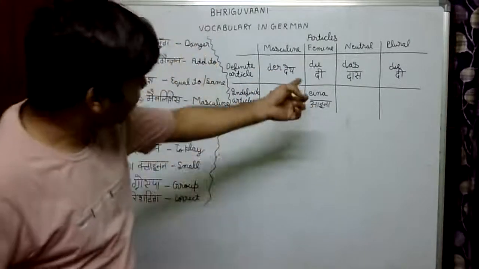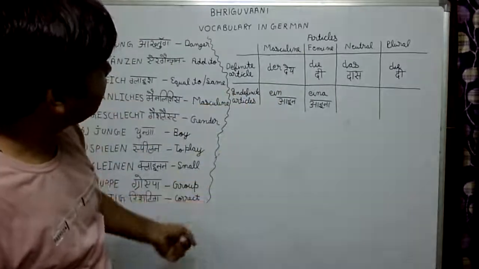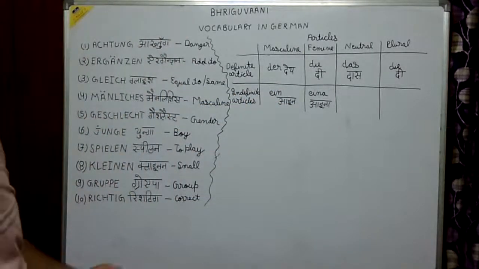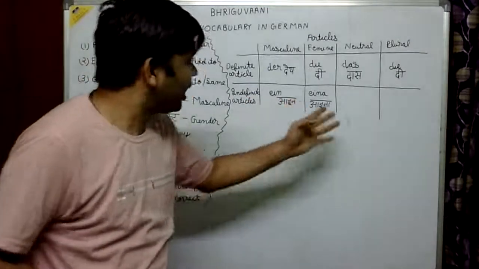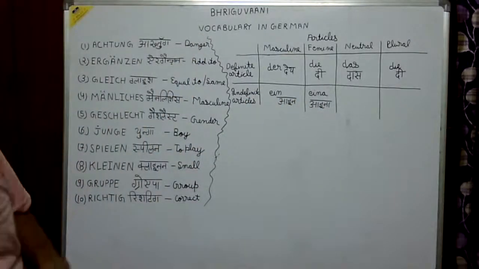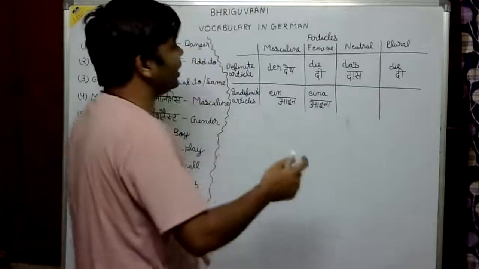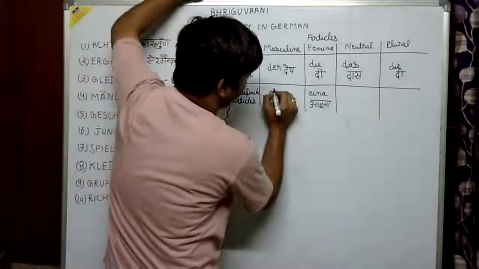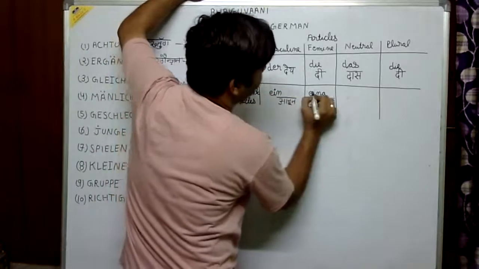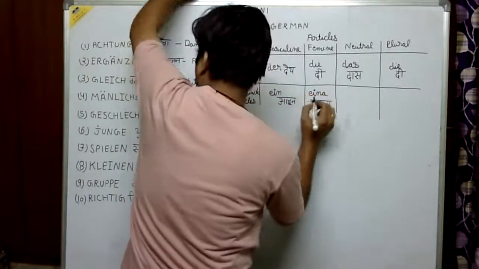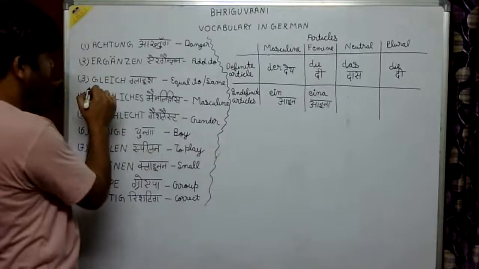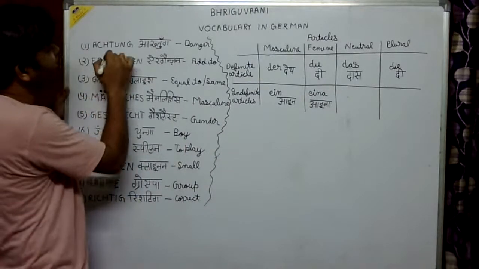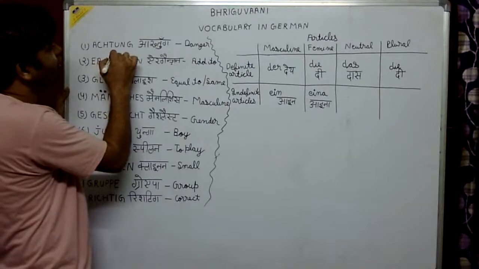For feminine indefinite articles we are using the word eine. And for neutral indefinite articles we are again using ein, as we are using in the case of masculine indefinite. I shall put this dot bigger so that it's clearly visible to you.